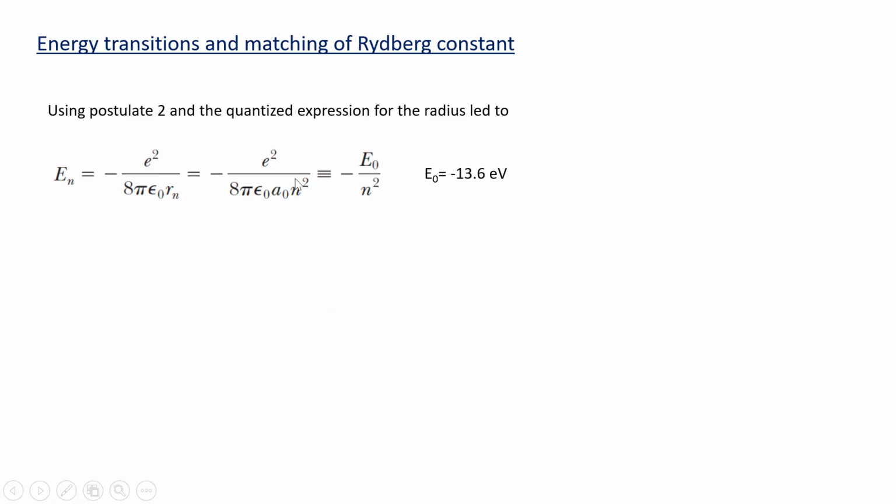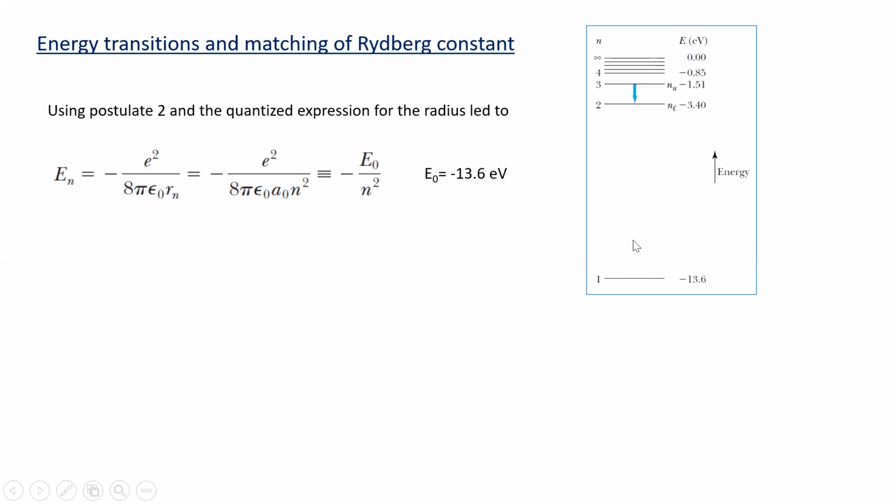And that would be, since when we plug in n equal 1, for the lowest stable state, we would get an energy of minus E naught. So E naught is minus 13.6 eV, if you put in these constants. And so here are the states: minus 13.6 eV.